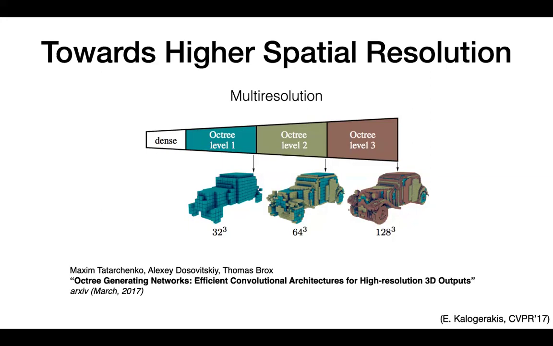And so in this car here, we have 3 levels, 32, 64, and 128. Some parts remain the same, they are not refined, and the other parts are refined. And that gives us more advantage in terms of representation, because multi-resolution not only saves space, but saves computation.